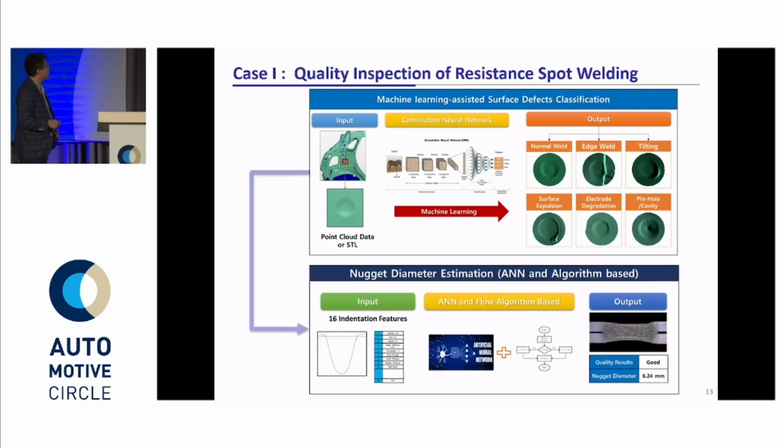The second stage is the nugget diameter estimation, which is a very challenging stage for us. Here, we took this point cloud or STL data, and we made the cross-section of the scanning, and then we extracted more than 16 indentation features from each single surface geometry, and used artificial neural network technology, and an algorithm has been developed for this.